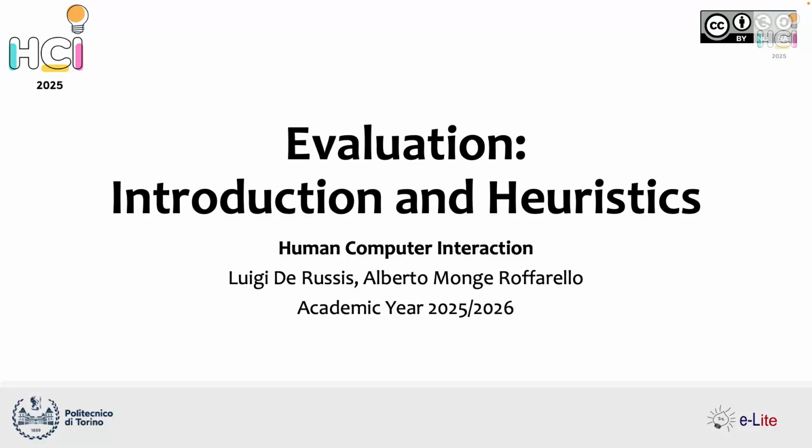Okay, so the second part of the lecture will be focused on evaluation in HCI and on heuristic evaluation in particular. So heuristic evaluation means experts checking our design according to some design principles.